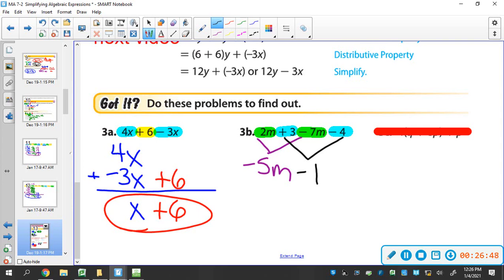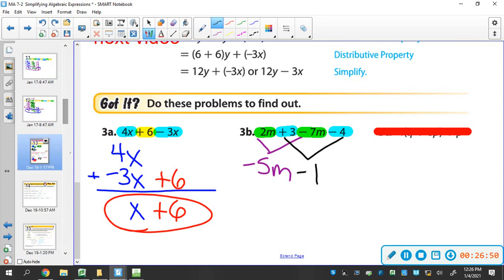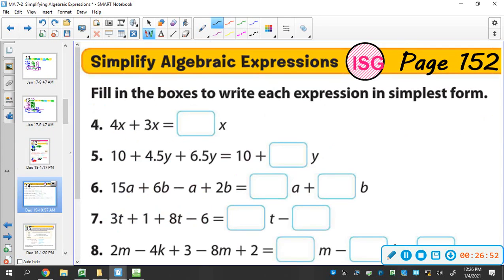That's what I want you to show me. If you need more examples, you can always go through and kind of try these to help you out. And I can always do these with you in our office hours if you would like to do a little bit more practice. But otherwise, there's some story problems.